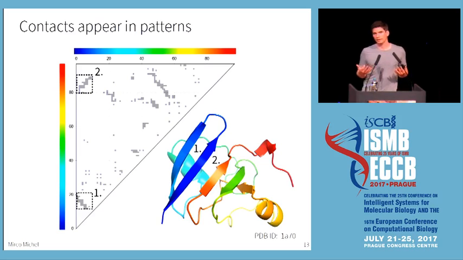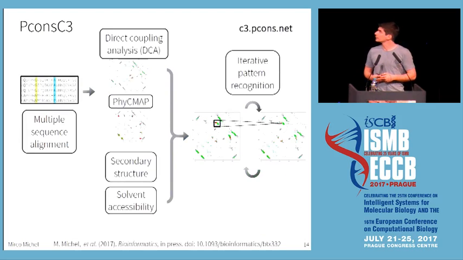And you can actually detect these patterns when you treat contacts during prediction not individually, but look at a surrounding window around each contact. And this is exactly what we did. So we take the multiple sequence alignment as input, and then run direct coupling analysis, which gives us some initial contact maps.